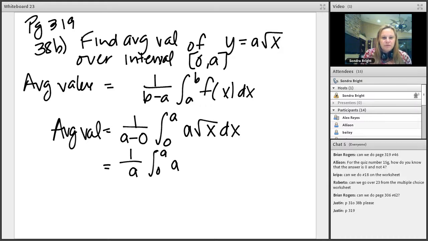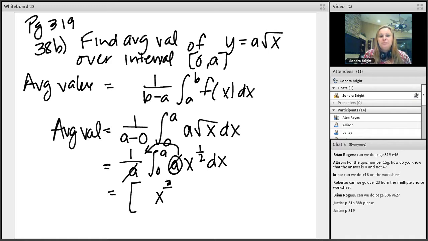times the integral of 0 to a, and I'm going to rewrite rad x as x to the 1/2. Right? Well, a is a constant, so when you pull the constant out, then that a is going to cancel with that a, and so you're just integrating x to the 1/2.